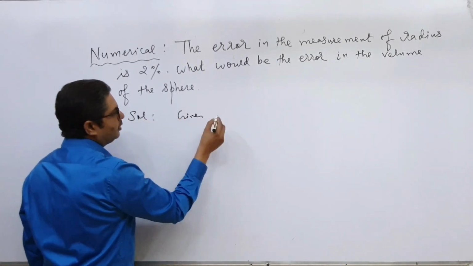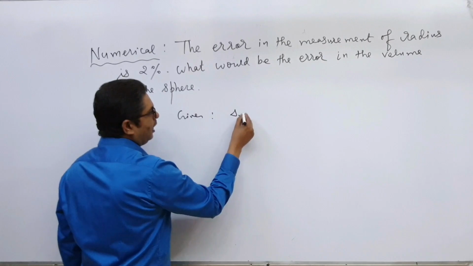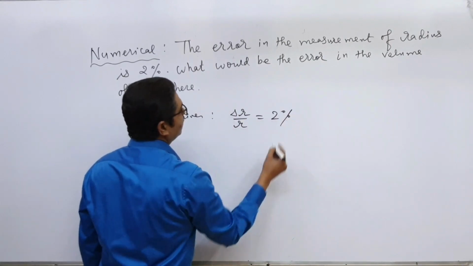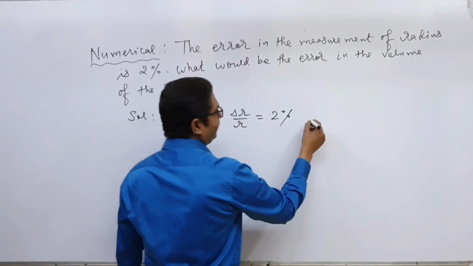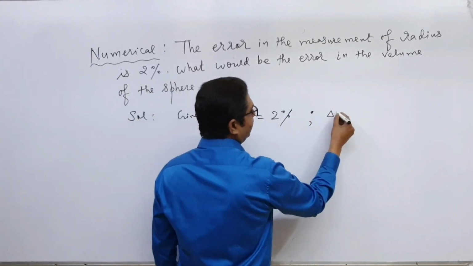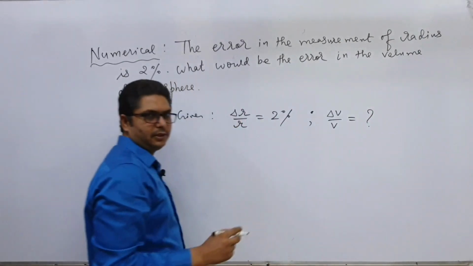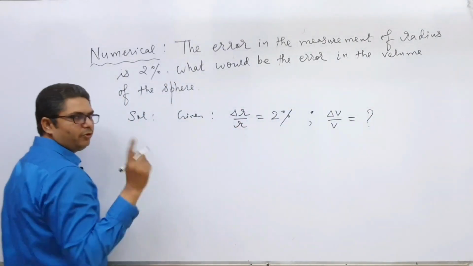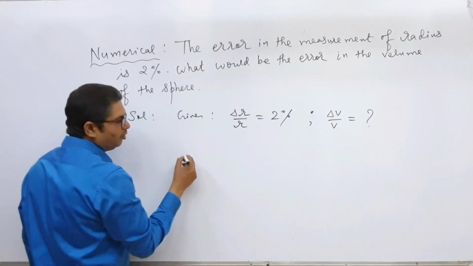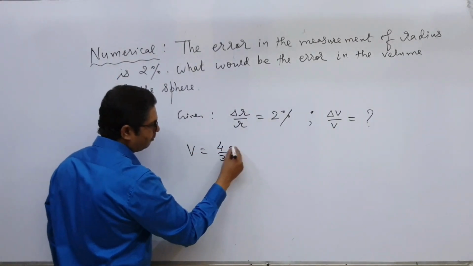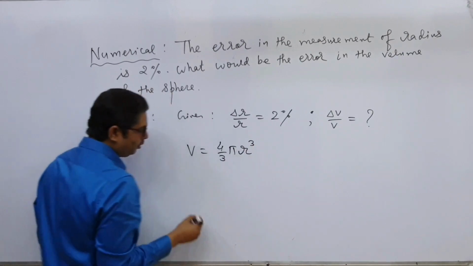Given delta R upon R is equals to 2%. You have to find delta V upon V percent. So for that we know that the volume of sphere V equals 4 by 3 pi R cube.